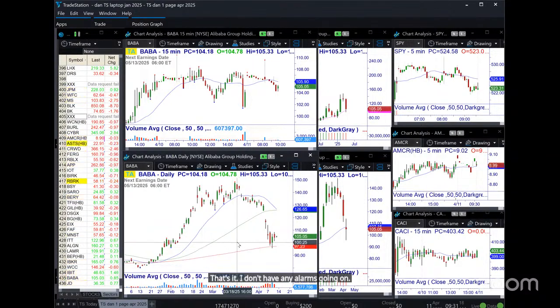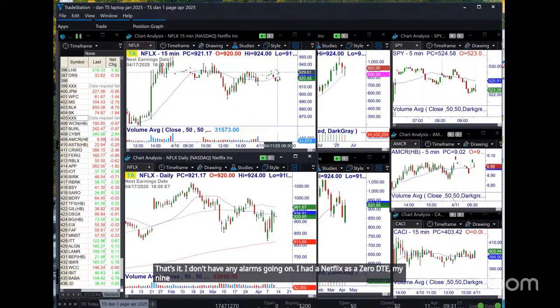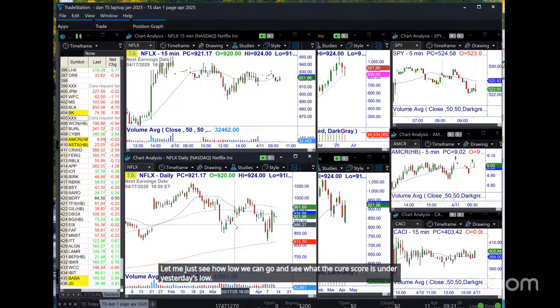I had a Netflix as a possible 0 DTE. My 9:30 alarm went off, and then it failed here. I set a new alarm at 9:25. Well, let me just see how low we can go. Let's see what the juice bar is under yesterday's low. 885.